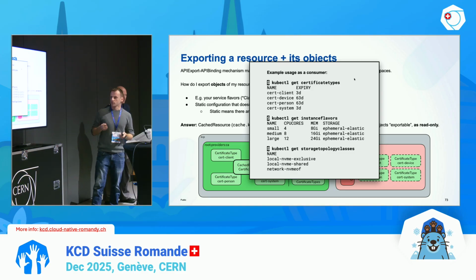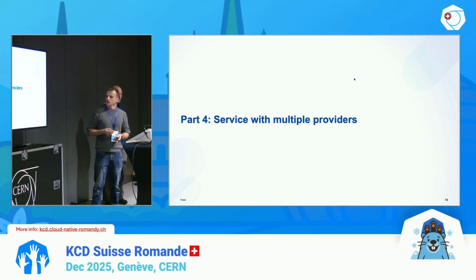And a couple of more concrete examples: we could have instance flavors if you are creating some sort of VM as a service offering on your platform, or storage topology classes if you were to do some storage service and so on.